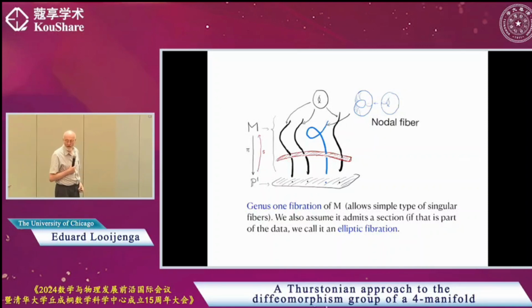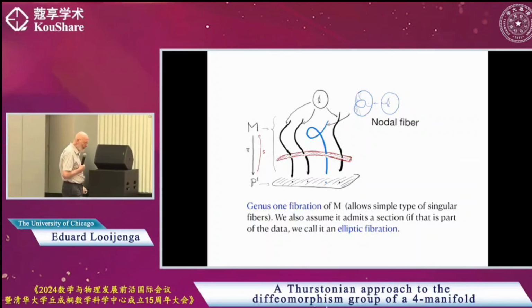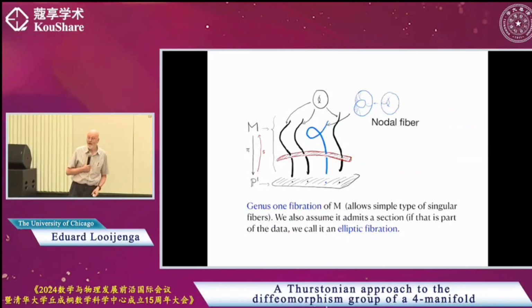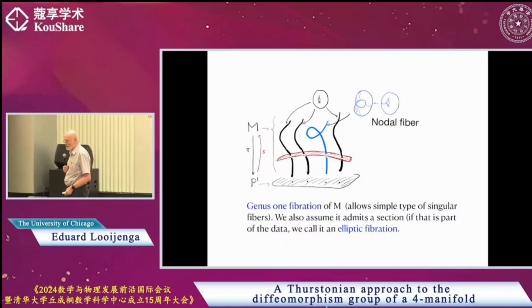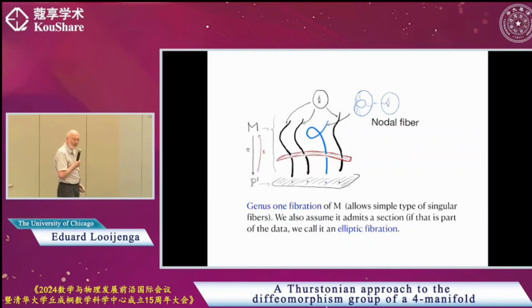I assume here that the surface in question is simply connected. Then it will fiber over a Riemann sphere in the sense that almost all the fibers are genus 1 curves. So topologically, these are tori. And there are a few exceptional fibers.